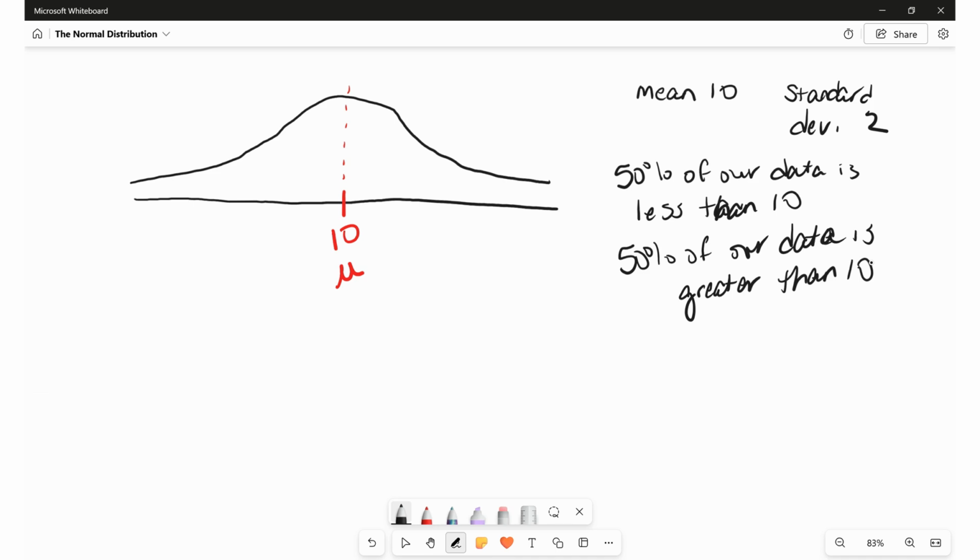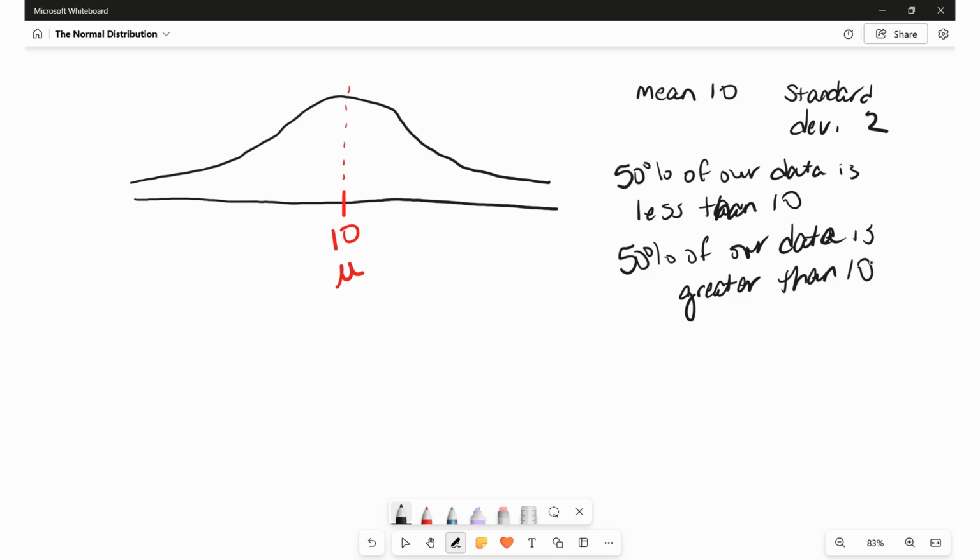Because remember, that's what the mean is. It is the midpoint. When we average out our data, this ends up being the middle number. And in a normally distributed data set, which is what we are told that we have, the mean, the median, and the mode are all three the same. So even the median of the data set is 10. That means half of your data is less than 10, half is greater than 10.